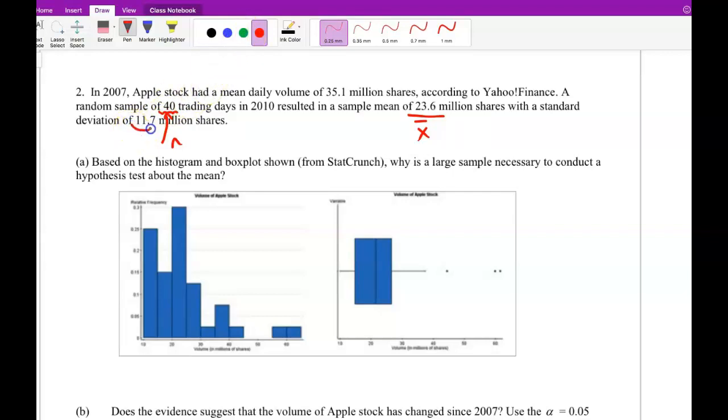This is the sample standard deviation. Part A: based on the histograms and box plot, why is a large sample necessary to conduct a hypothesis test about the mean?